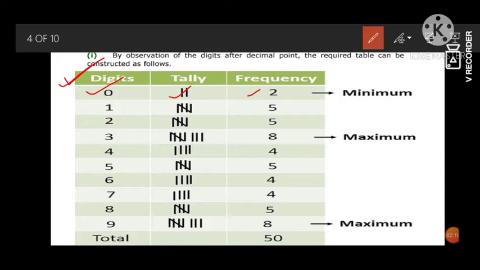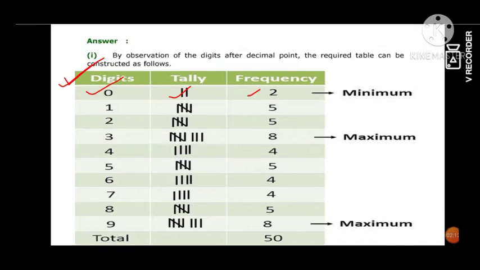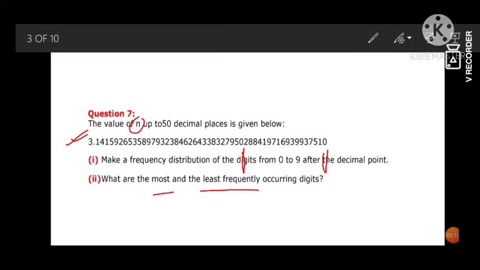Now let us see for 1. How many times is the digit 1 repeating? You can see over here. First let us erase this part. So 1, 2, 3, 4 and 5.